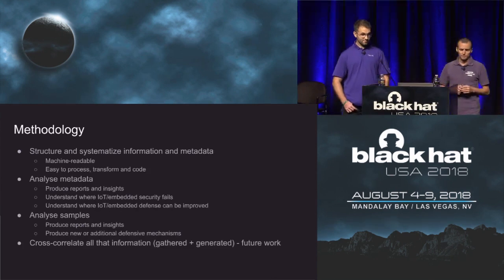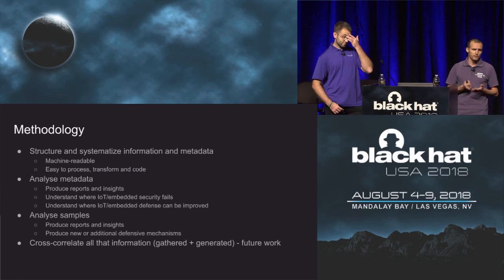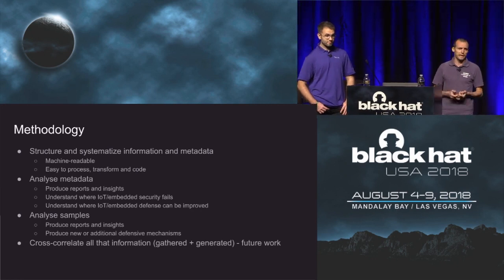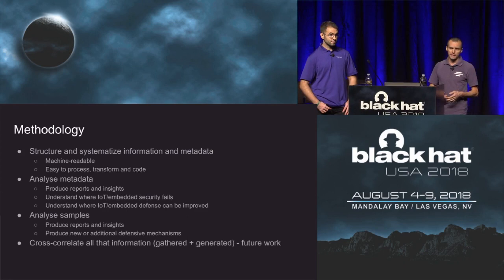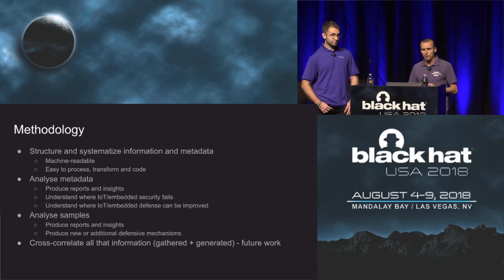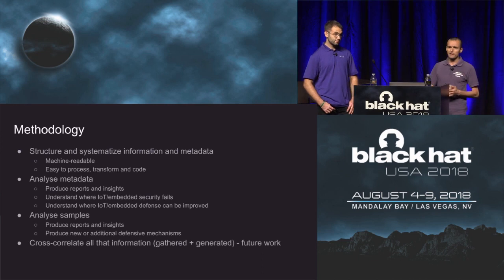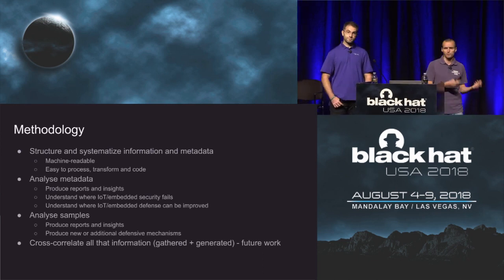Then, of course, we collect this information, but it's mainly based on technical reports, blog posts, and analysis reports, which take all shapes and forms: web resources, text documents, more or less structured data, PDFs. So you can see that the type of information is pretty diverse and heterogeneous, and it needs a bit of structure.